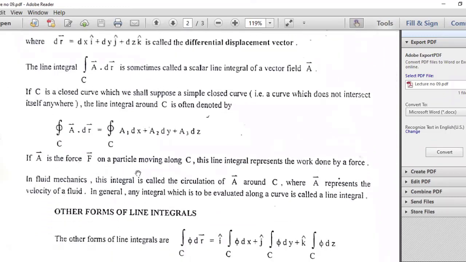If A is the force F on the particle moving along C, this line integral represents the work done by a force.